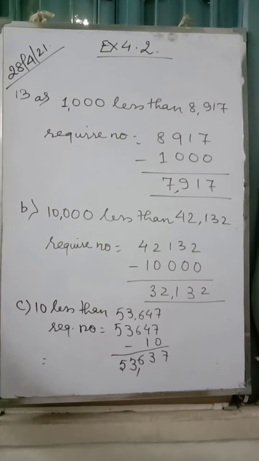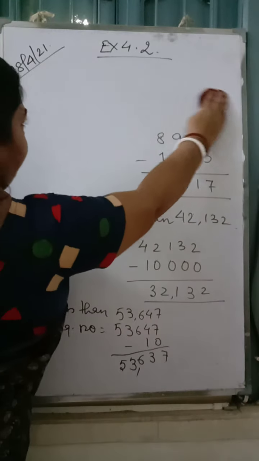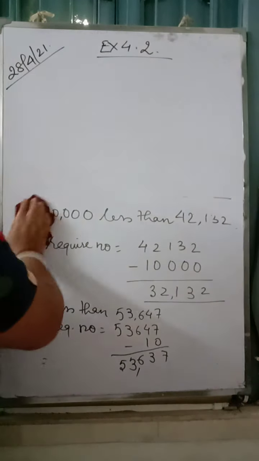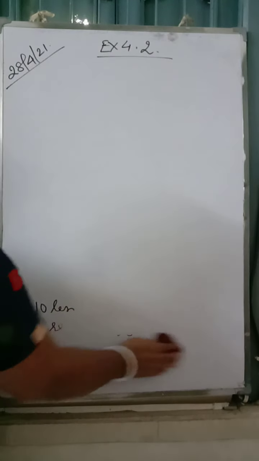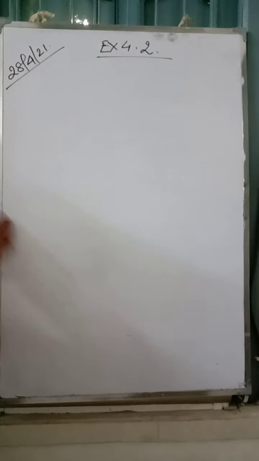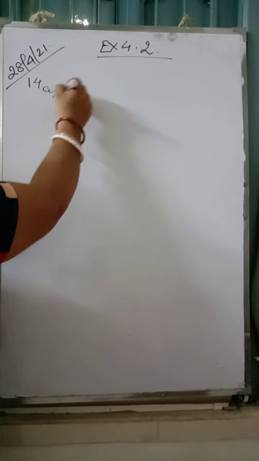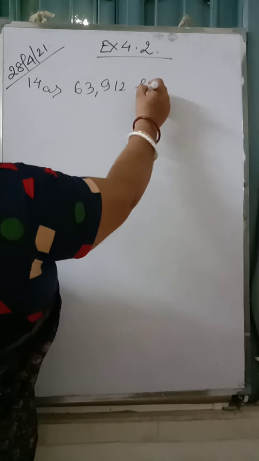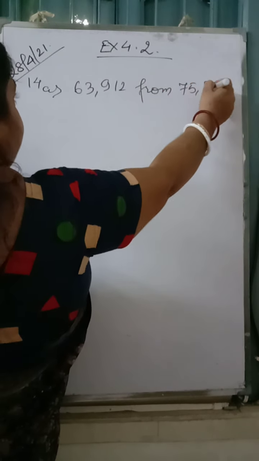Then question number 14, it says subtract and check. Already you have learned this in question number 5. There you had to find the difference and then you had to check your answers whether it is correct or not. So same thing we have to do it for question number 14 also. They have given 14A, 63,912 from 75,869.